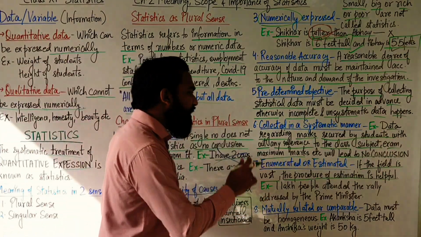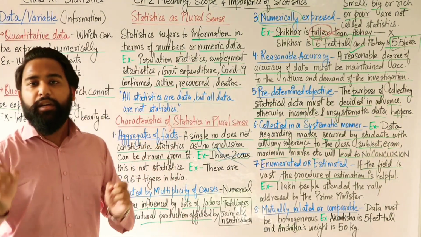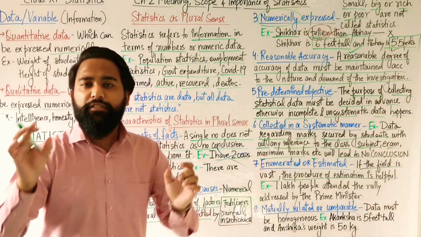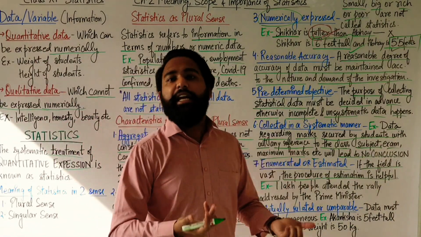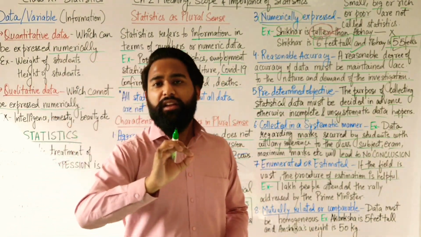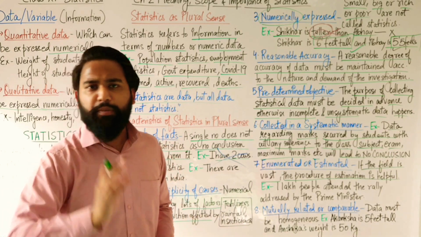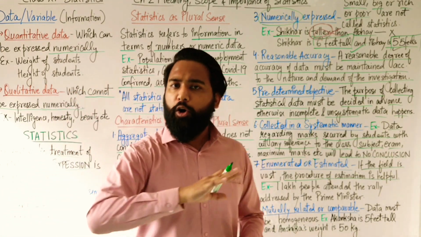So, if the field of investigation is vast, whatever report card or whatever field you are investigating, if there are lots of data, and each and every data can be or cannot be reached by you, it's a possibility that you cannot reach all the data.